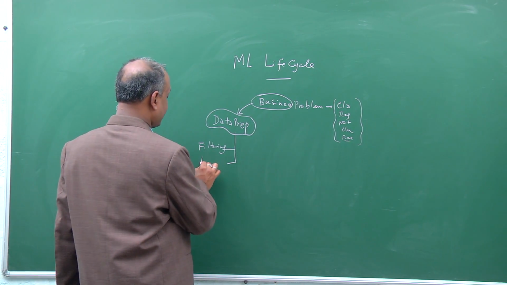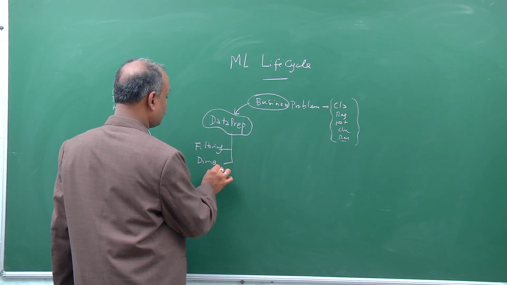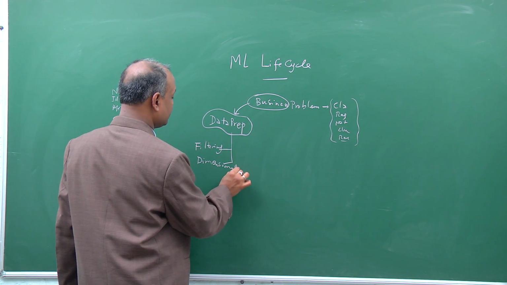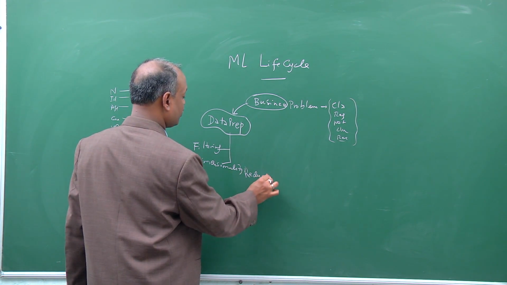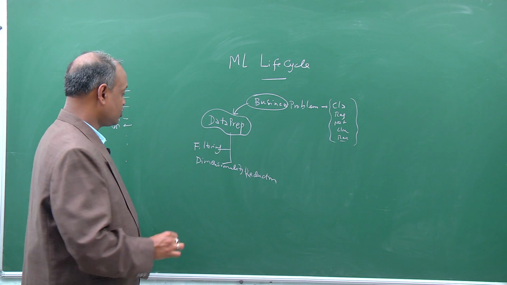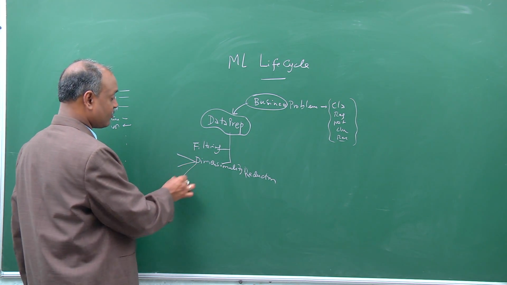Second, you may need to look at optimizing the original data by reducing its dimensionality, removing unwanted data which is not making sense. Dimensionality reduction can be handled by several techniques.